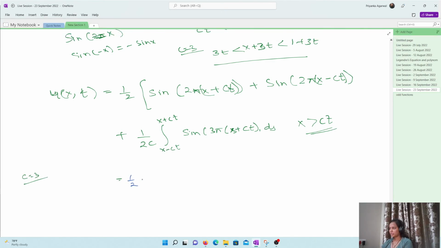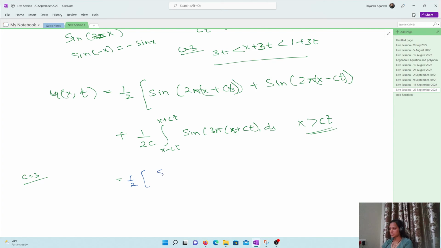we have this 1/2 [sin 2π(x + 3t) + sin 2π(x − 3t)], plus 1/2c.